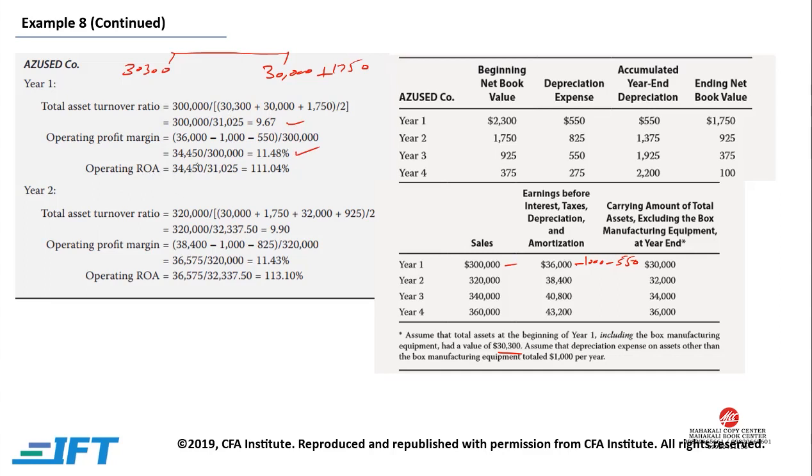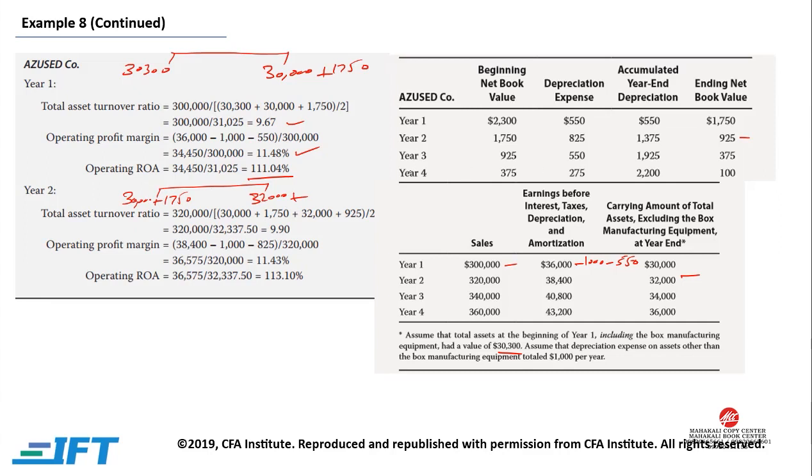Operating return on asset is EBIT divided by average total assets. So EBIT is 34,450 divided by average total asset 31,025. So this is our operating return on asset. That is approximately 111%.